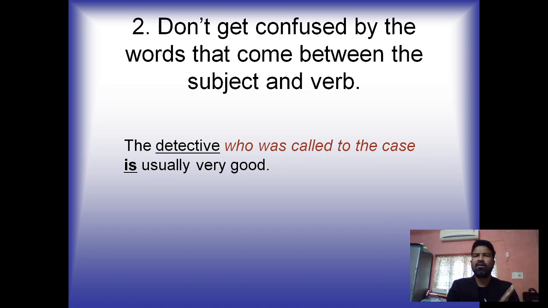We are not bothered about what is given between the subject and the verb. We only use the verb based on the subject. If the subject is plural, we use are. If the subject is singular, we use is. So, the detective who was called to the case is usually very good.